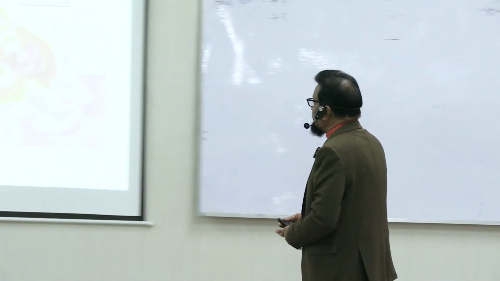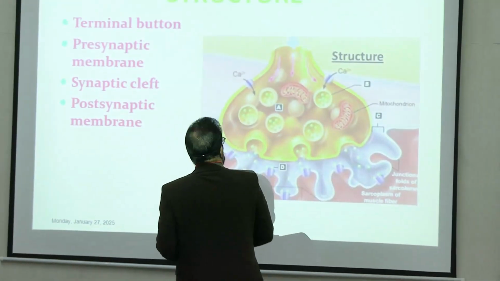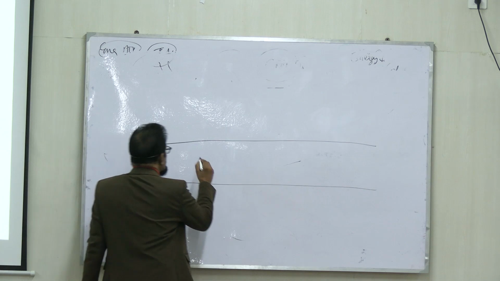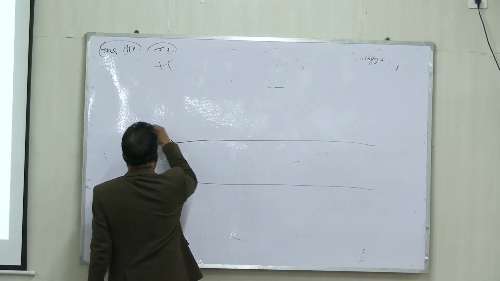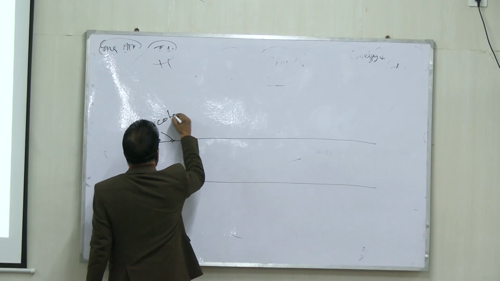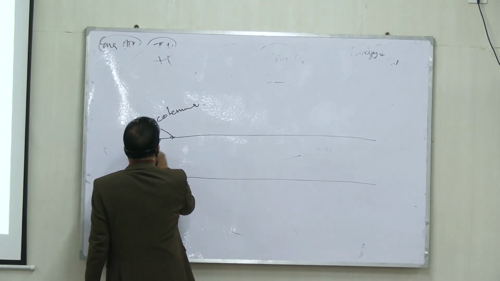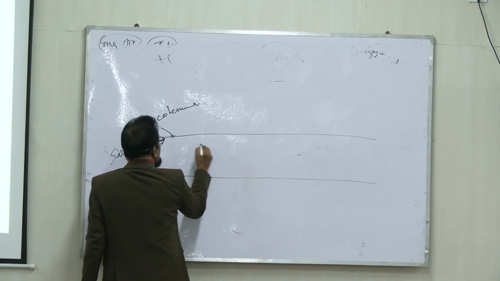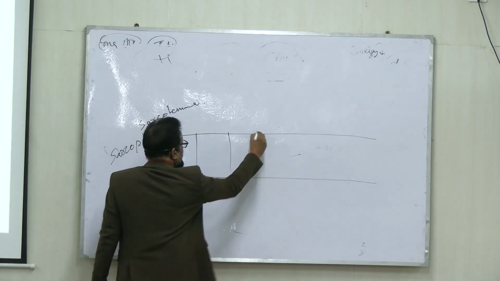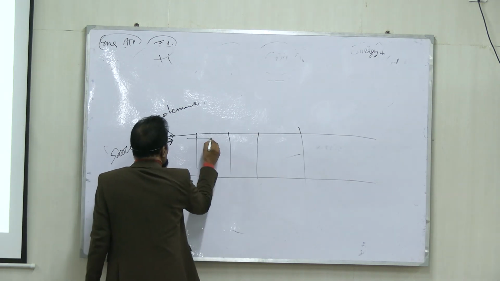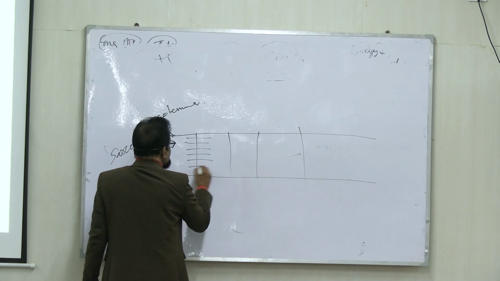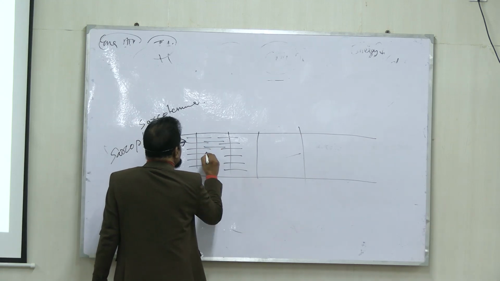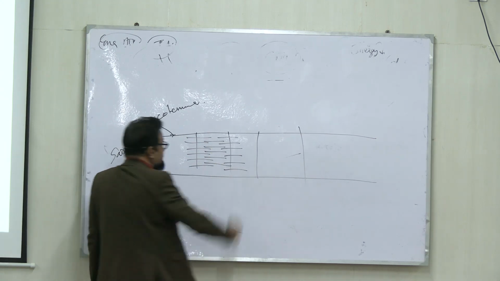Before I discuss this part, sarcolemma, sarcoplasm, and within these bands, these are the actins, and within the actin there are thick filaments, myosins.